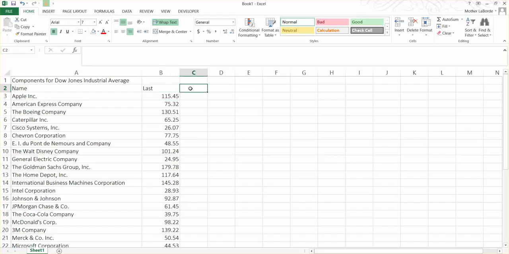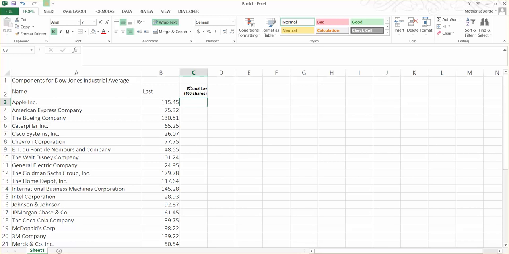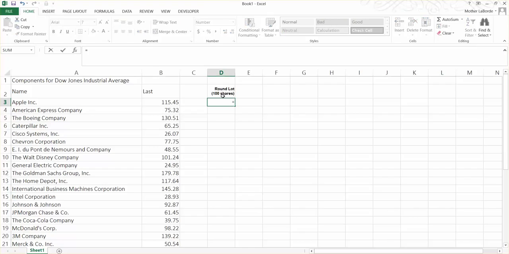And so what I want to do is calculate the cost of a round lot of 100 shares. So if I were to buy 100 shares in Apple at $115.45, it's got some weird things going on because I cut and pasted this from the internet. So I'm just going to scoot that over a little bit because it's got some little boxes here. I just can't see them.